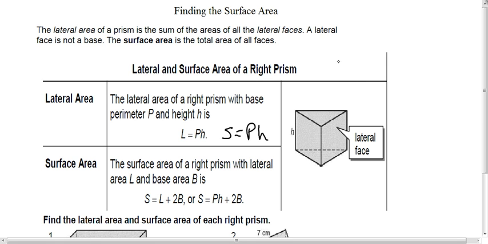So again, let's note up here that P equals the perimeter of the base.